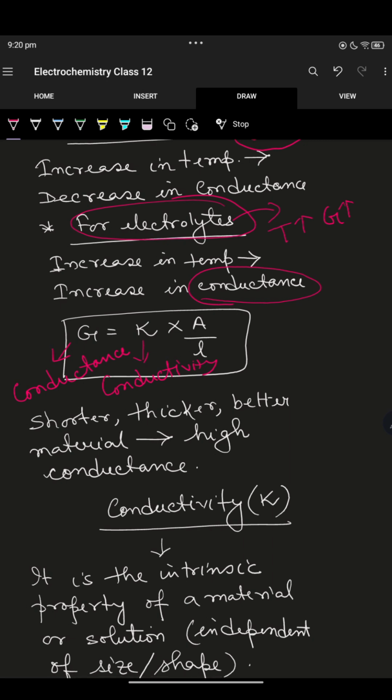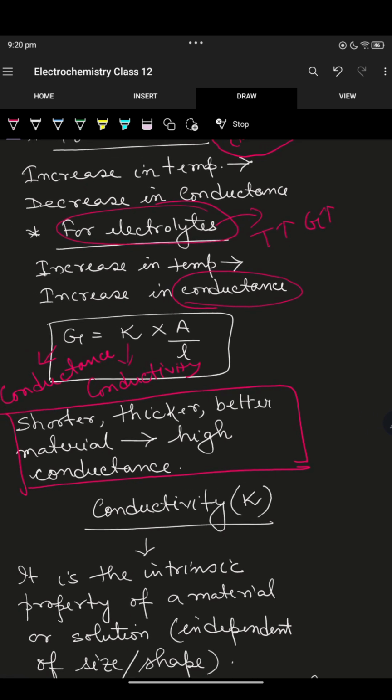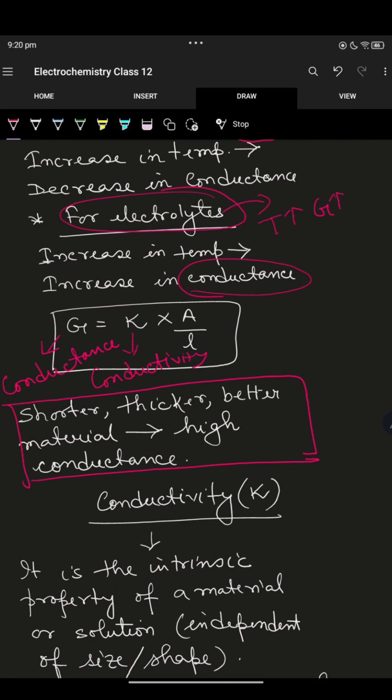Now basically we can say shorter the material, thicker the material, or better the material will have high conductance, because conductance is dependent on the conductivity and it is directly proportional.